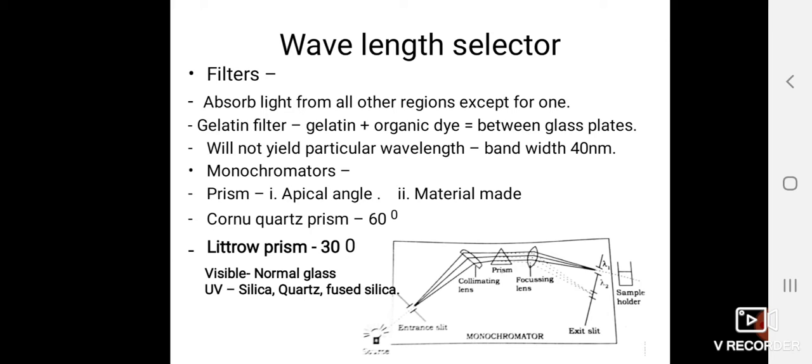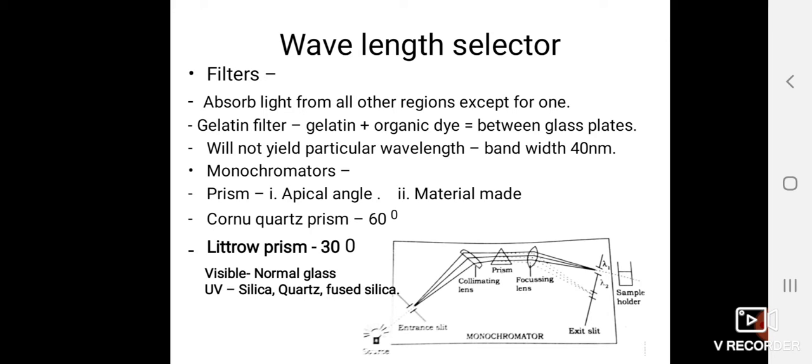For example, we have used these kinds of filters in the colorimeter, which we commonly use in the labs. Then we come across other kinds of monochromators, where mono means single, chromo means color.